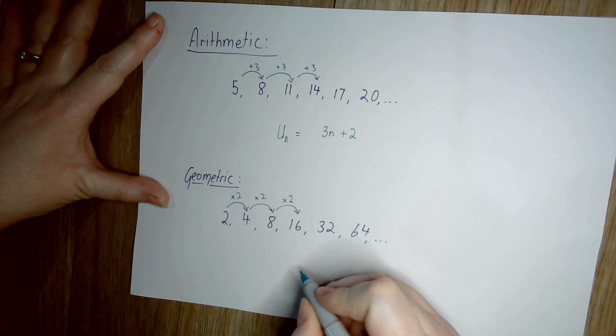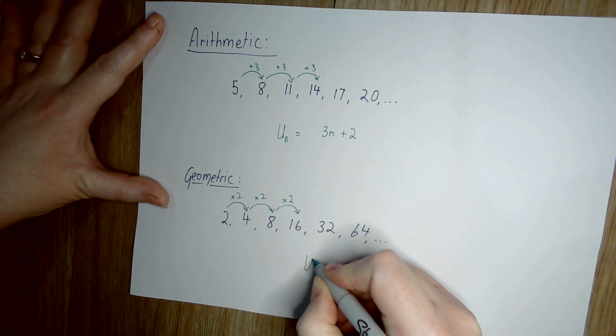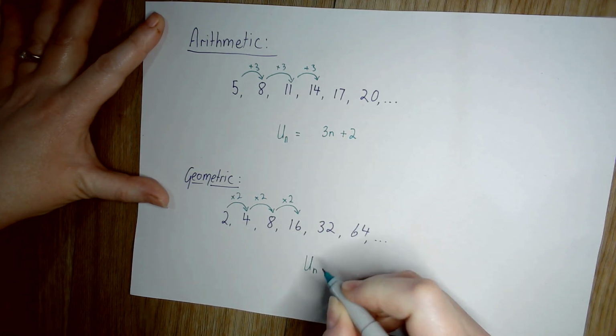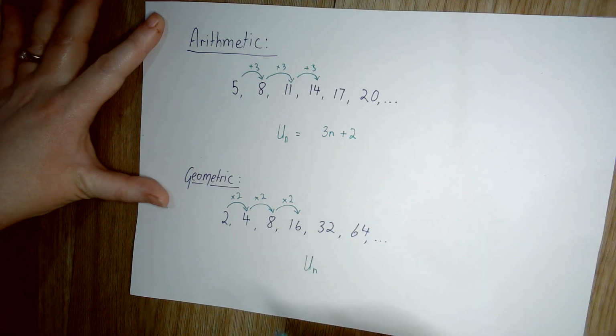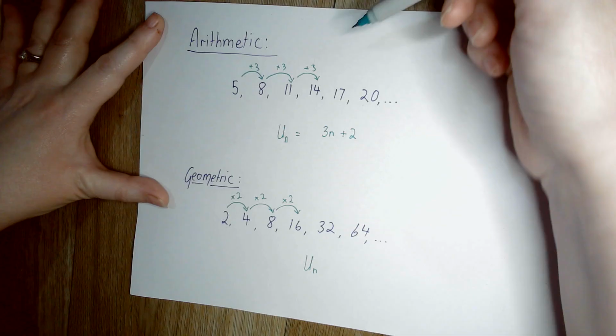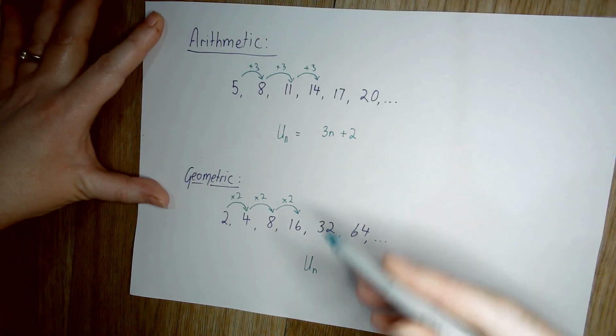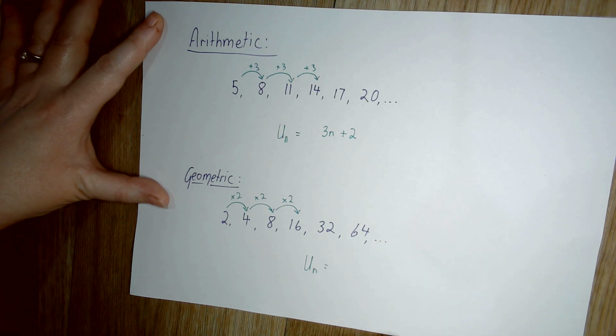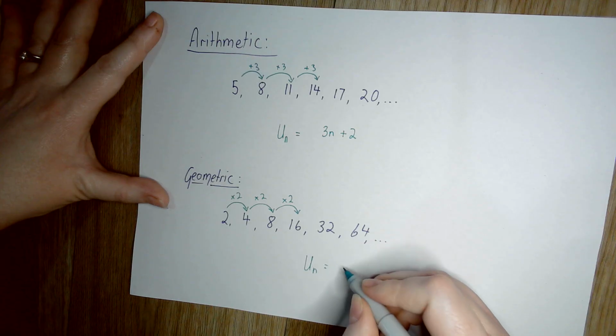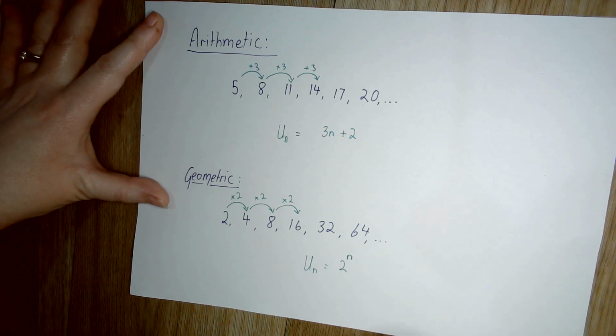So we know, because it's a geometric sequence, our general term is not going to be 2 times something, even though we're timesing by 2. We had a plus up here and we ended up with 3 times n. Here we're actually going to raise it to a power. So it's going to be 2 to the power of n. And then we'll check that it works.